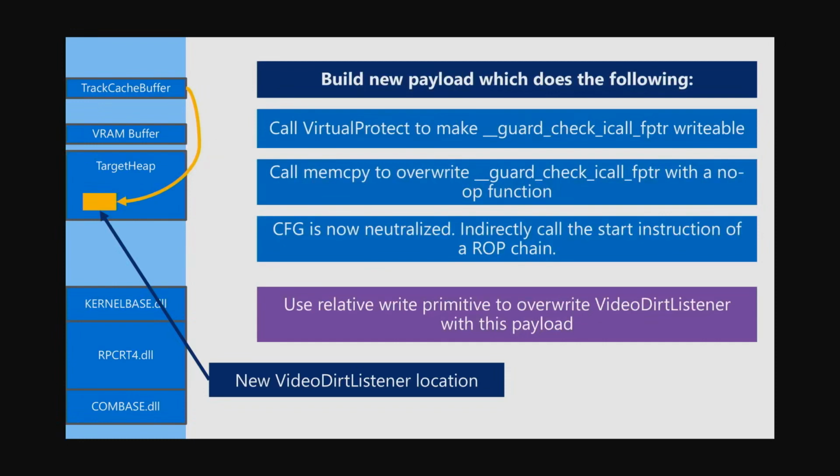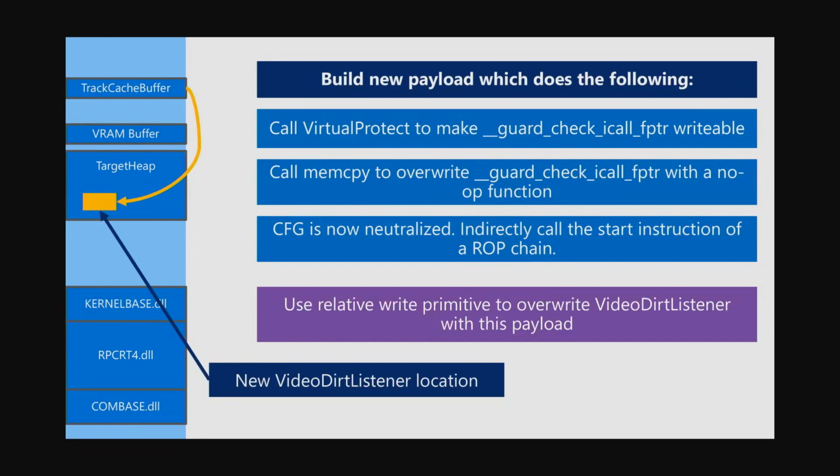Now that I know the address of the virtual protect function, I'm going to create my final payload. What this payload's going to do is first call virtual protect. And the reason that I can call virtual protect is because it is a DLL export, and by default, all DLL exports are valid indirect call targets.